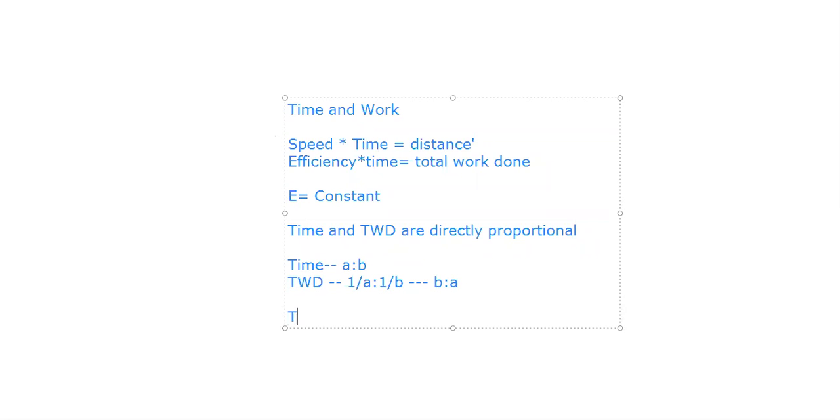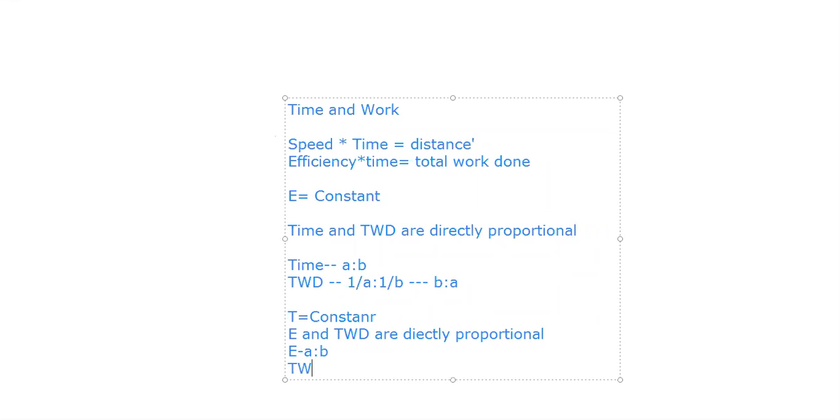So likewise, when time is constant, efficiency and total work done are directly proportional, which means if efficiency is in the ratio A is to B, total work done will be in the ratio A is to B. Sorry, I made a mistake.